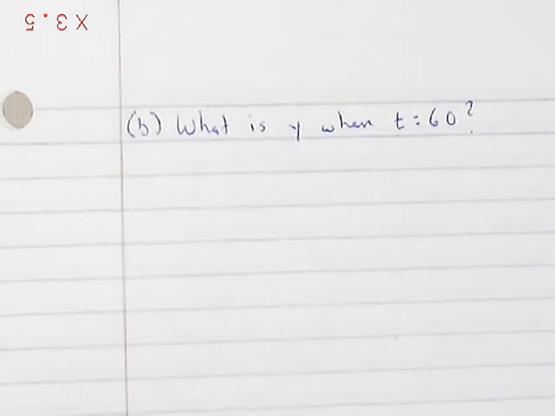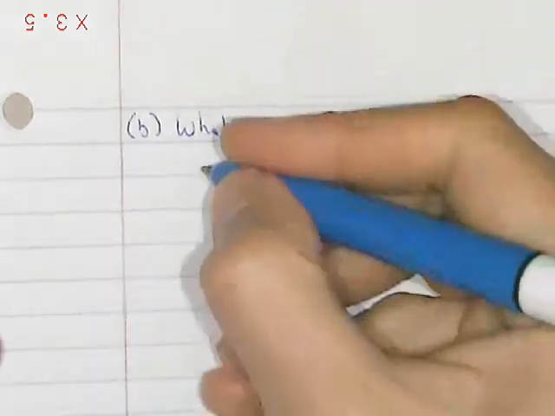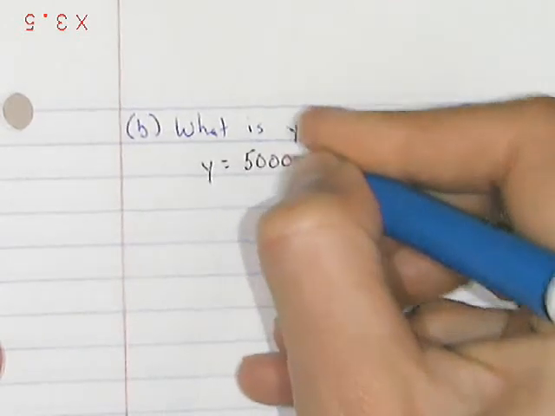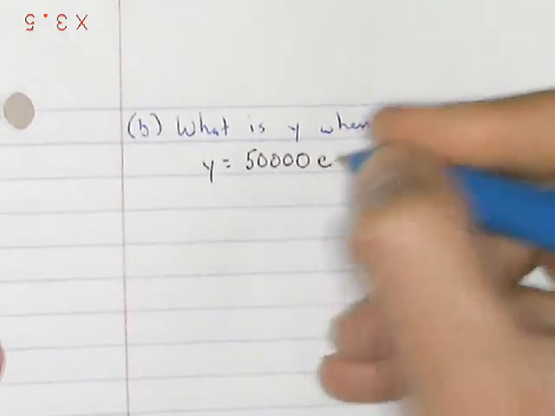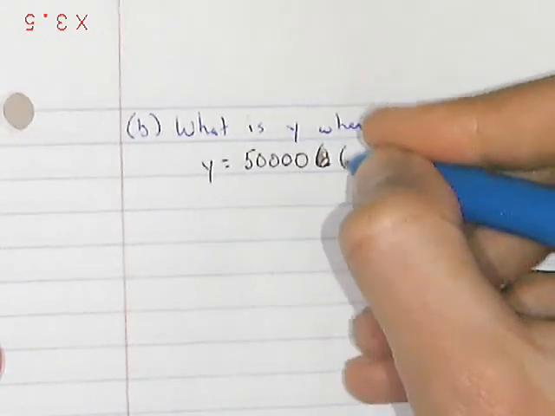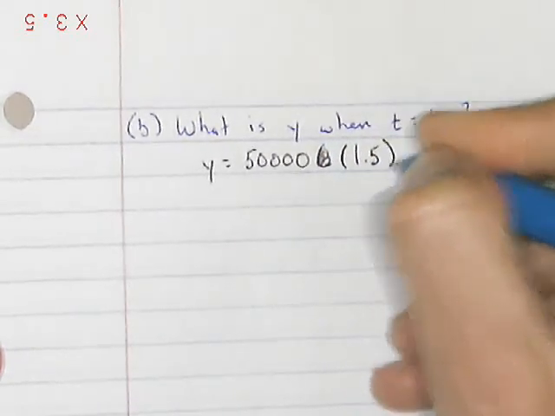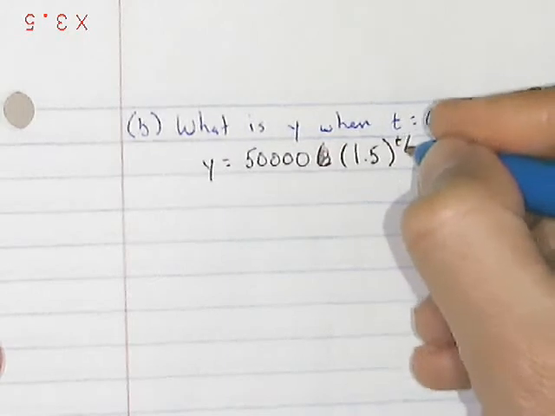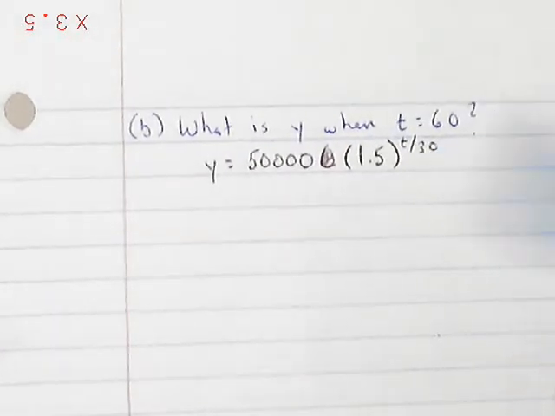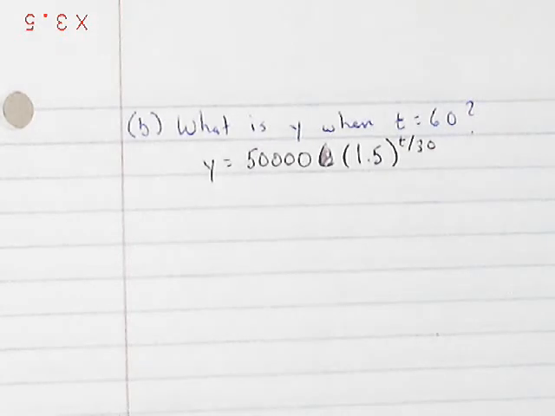Well, using our newly discovered function, that our population is equal to 50,000 times 1.5 raised to the t divided by 30. All we're going to do is plug in 60 for t, and we're home free.